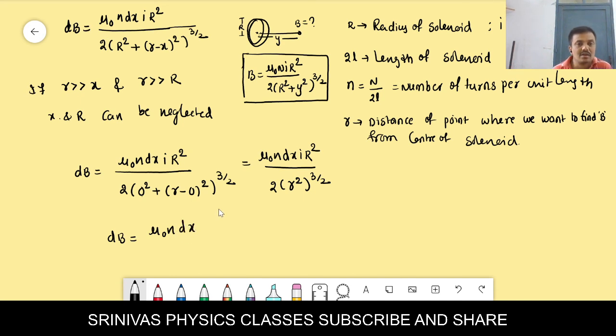How will r square be neglected? For example, wait a minute, listen. Actually, during addition and subtraction only we will neglect. Look here. For example, if 1000 plus 0.1 is there, then this 0.1 is neglected, right? Then we can take 1000. If 1000 into 0.1 is there, can you neglect 0.1 here?